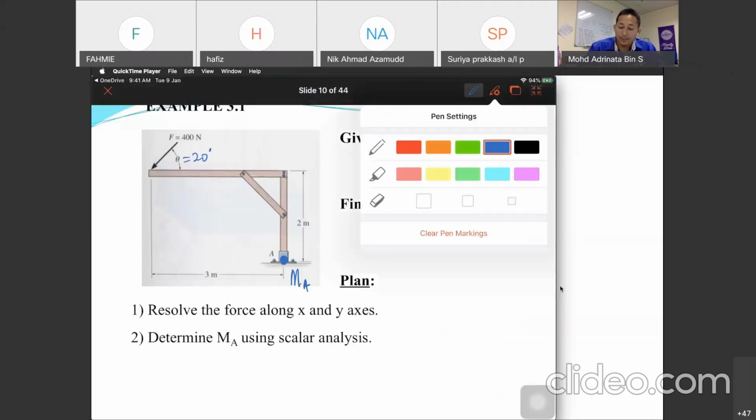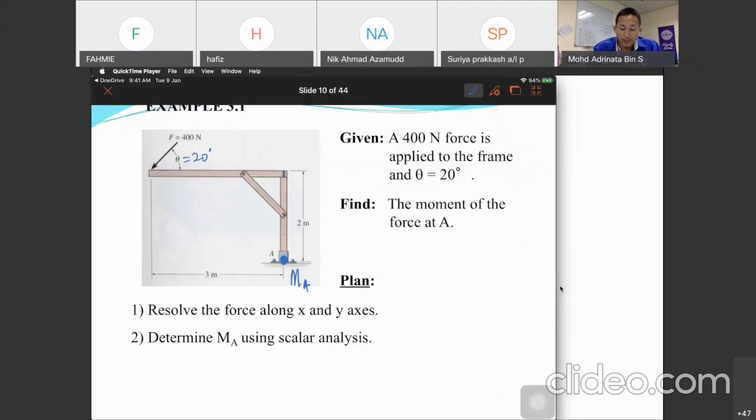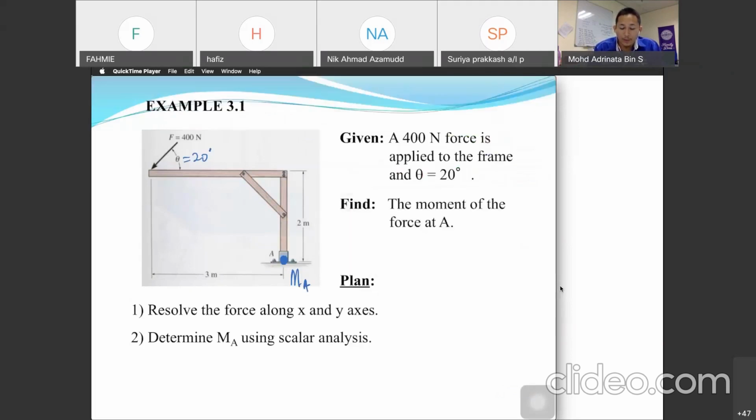So for the 400 N force, you can break it here into Fy and Fx.